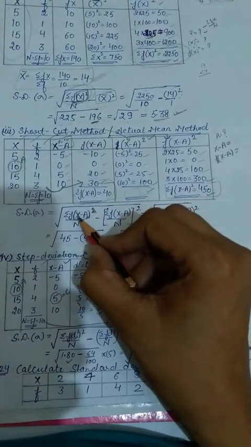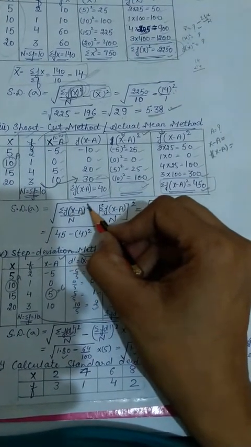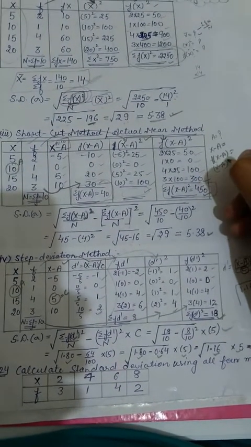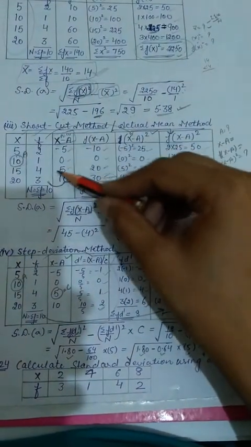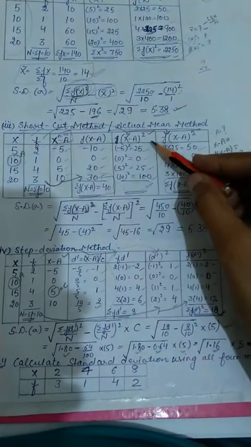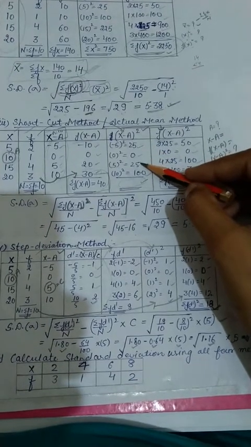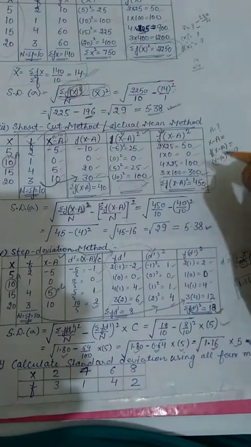Now you need x minus a whole square. So the values which you have got in this column, you will square all of them, and that is 25, 0, 25, then 100.